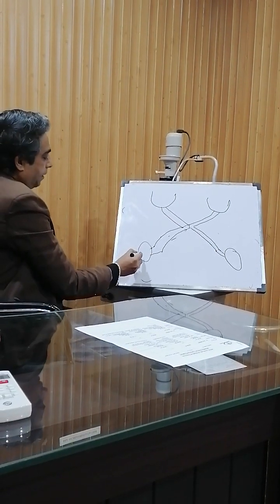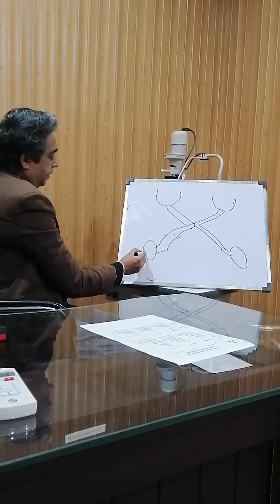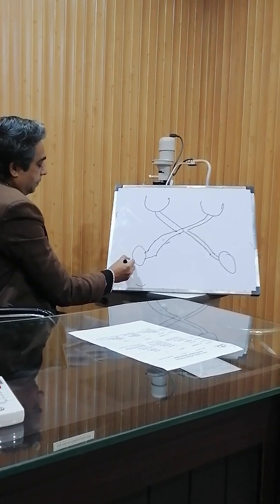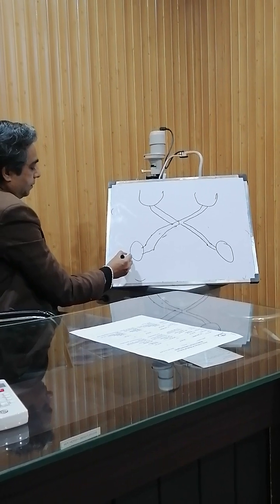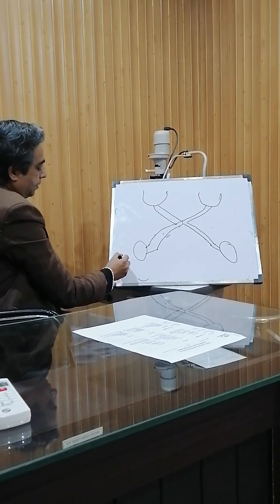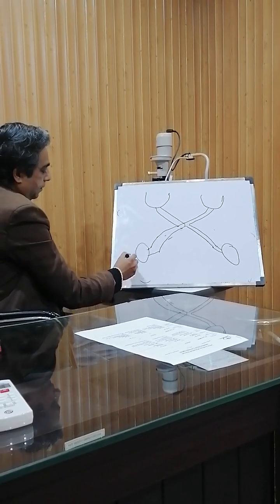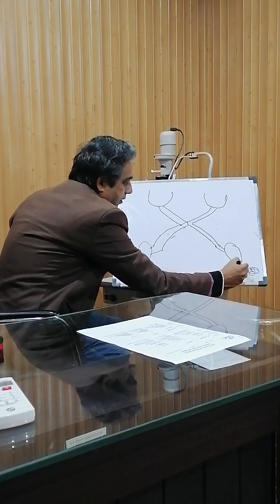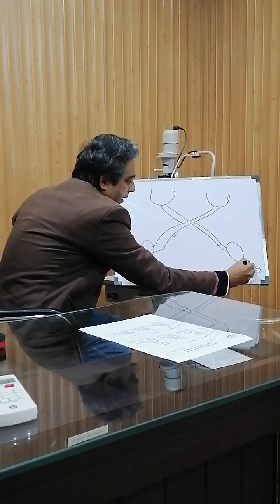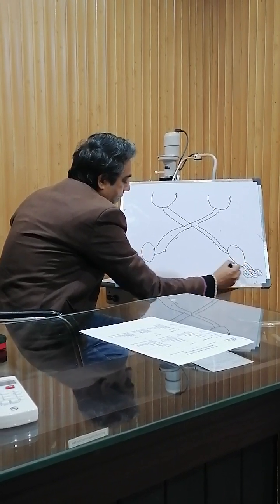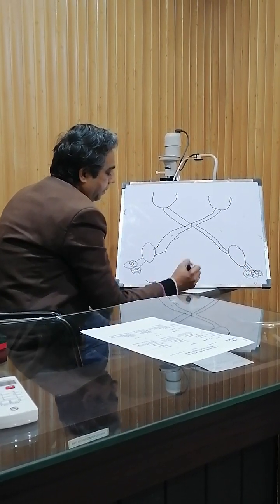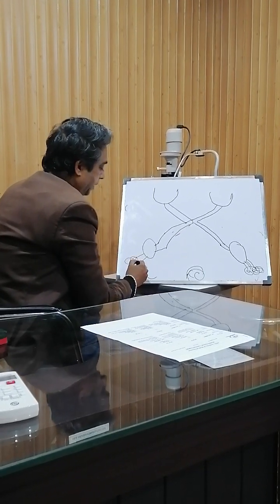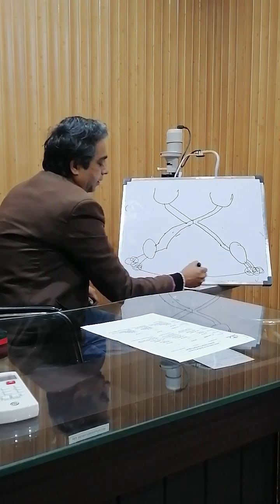And from the lateral geniculate body, the nerve fibers pass to the optic radiations, right? Let me know if I go wrong. They go to the lateral geniculate body, and then to the visual cortex. This is the visual cortex.